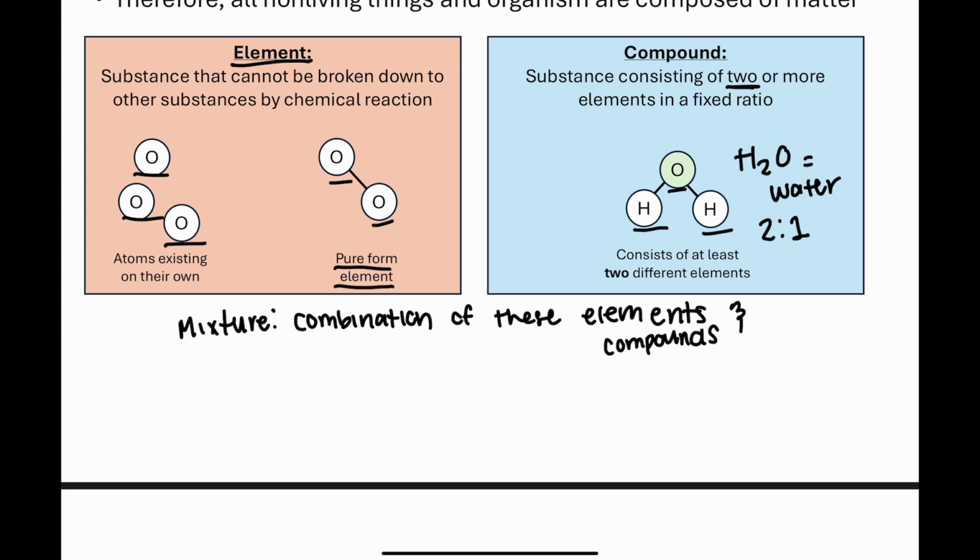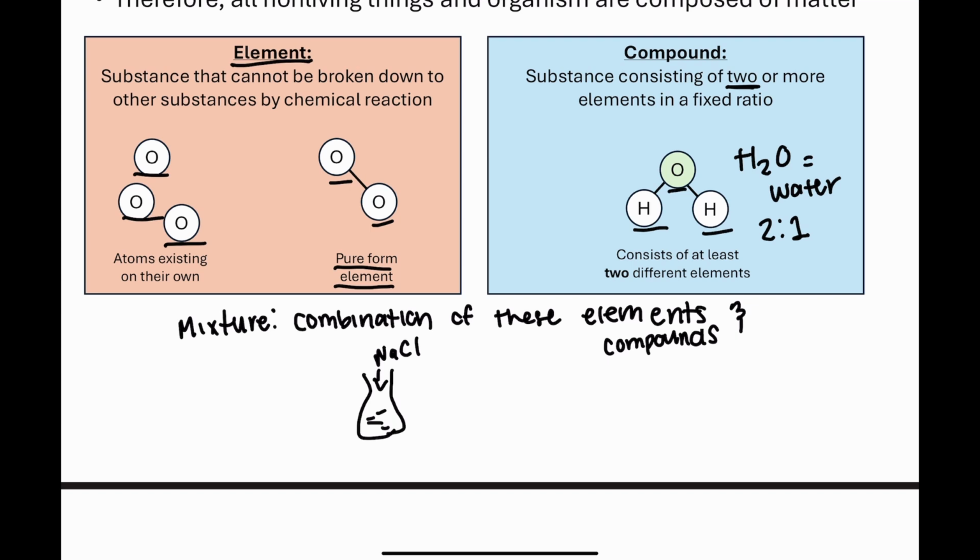We can find mixtures in lots of places, even including the air. But think about us having a beaker. In this beaker, we have water, right? And inside of it, we dissolve table salt, which is known as NaCl.